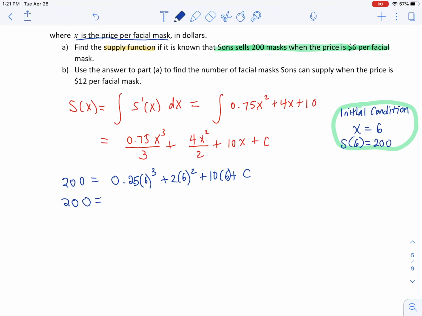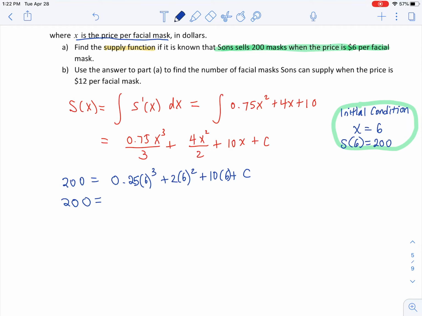And let's go ahead and figure out what C is now. 200 equals... let me type this part into my calculator. When I created this problem, I tried to make sure that C comes out to be a nice number. Okay, give me one second as I type this in, and you type it in too in case I make a mistake. 0.25 times 6 to the third power plus 2 times 6 squared plus 10 times 6.